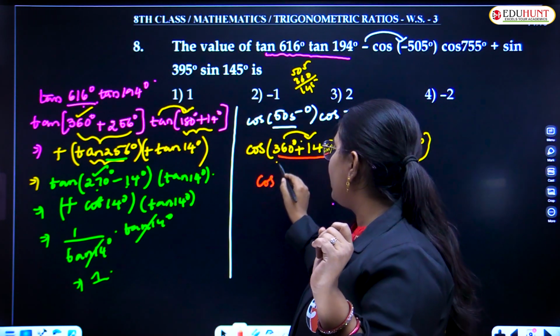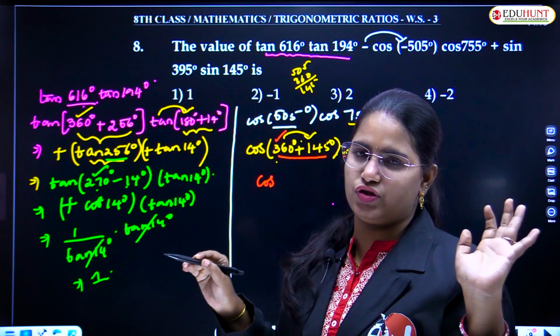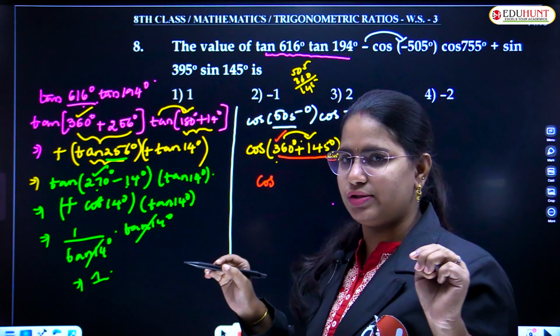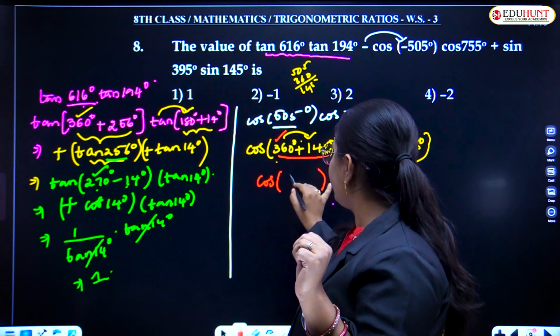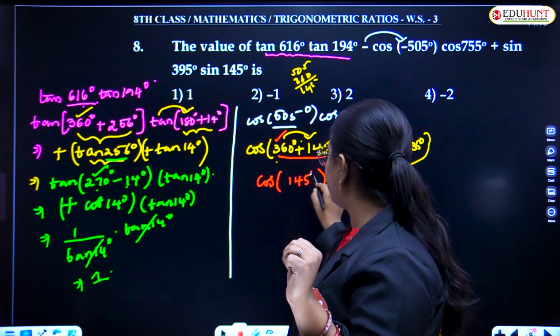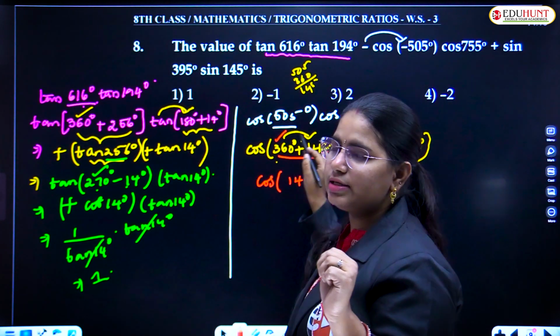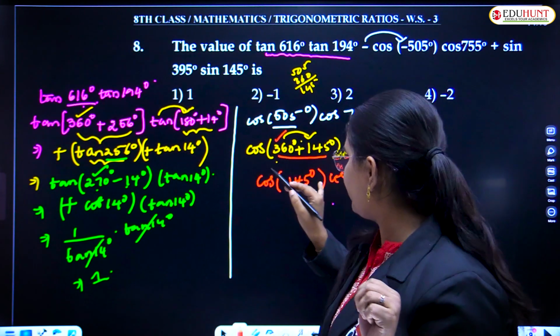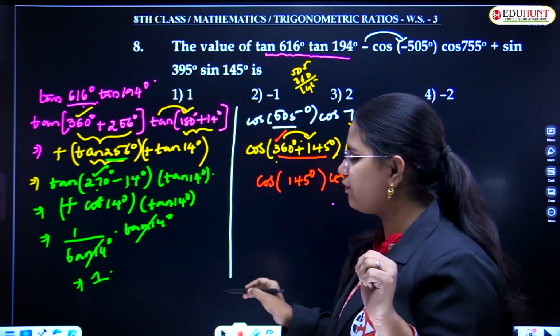Cos function, as it is an even multiple of 90, does not change. So cos 145 degree, and this is cos 360 plus 35, again an even multiple, the function does not change. Cos 35 degree.